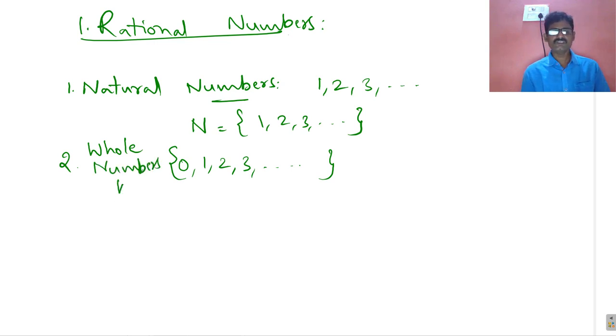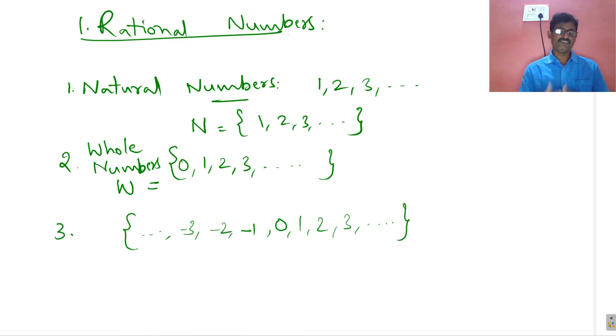This is denoted by the letter W. Next, for this collection of whole numbers, 0, 1, 2, 3 and so on, if we add -1, -2, -3 and so on to the left side of that 0, then we will get the set of integers. These are said to be integers. This is denoted by the letter Z.